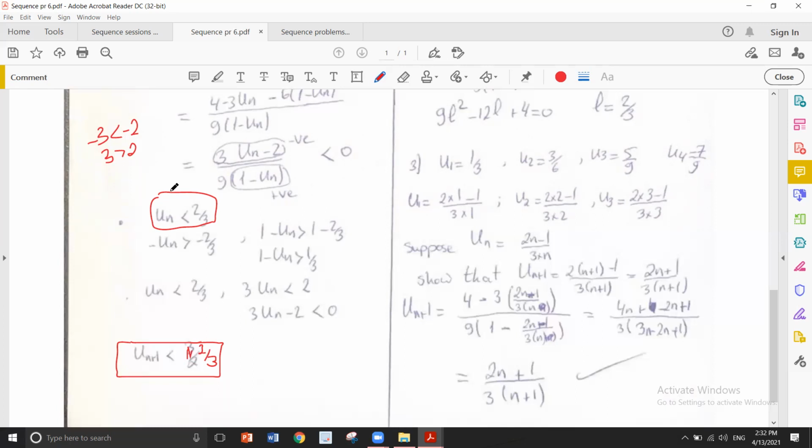You don't multiply by minus on one side only, you multiply all the sides. If we multiply by minus, 3 less than 2 becomes minus 3 greater than minus 2.